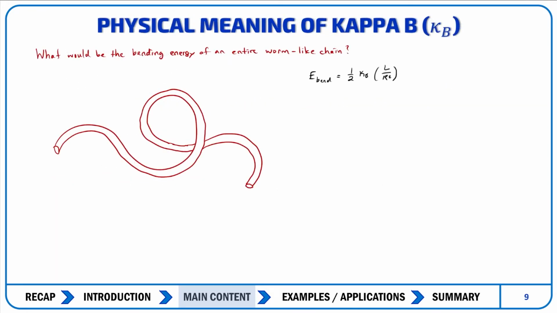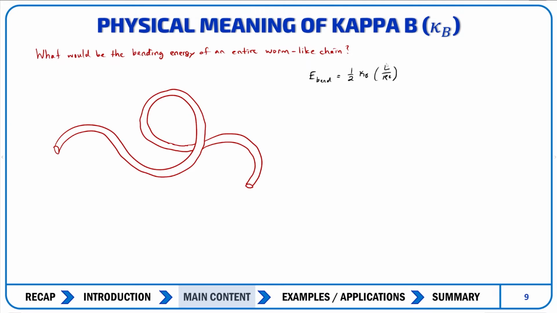Okay, so now we want to move on to an analysis of the worm-like chain model. We were able to figure out the bending energy for one particular component of a chain, but what happens if we look at the entire chain as a whole? So first of all, I'm going to rewrite the bending energy as 1/2 kappa B instead of the entire collection of microscopic parameters.